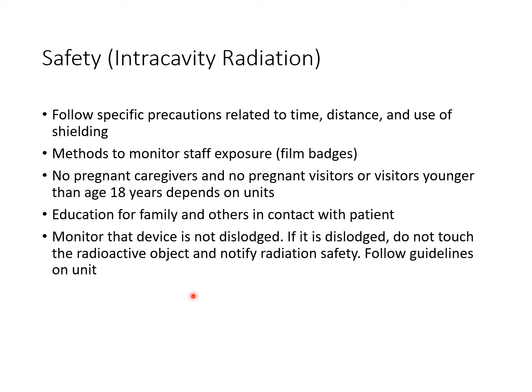Basically, if this thing dislodges, you use that prong, you pick it up with that, and there's usually like a special container that you have to put it in, and then you have to call radiation safety basically, and they're the ones that are responsible for basically getting rid of the dislodged radioactive object, right? So you don't touch it, keyword, you're not touching it, and you have to use whatever the long devices that they have for you to pick it up and then put it into the bin that they have, and you call somebody to take care of the rest of it.